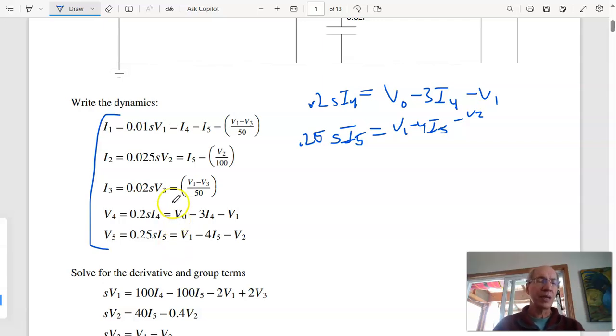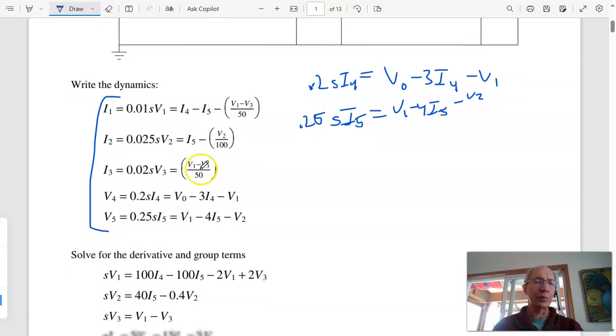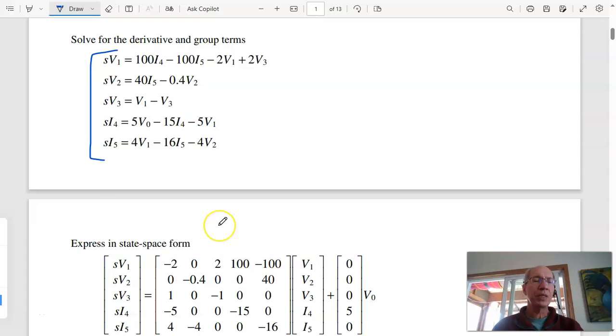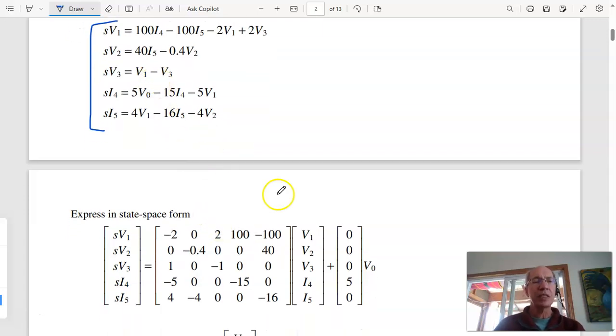To solve in MATLAB, I solve for the highest derivative and group the terms. It gives me these 5 equations. Now put that in matrix form. So to make the states, V1, V2, V3, I4, I5, and order doesn't matter, just have to be consistent.